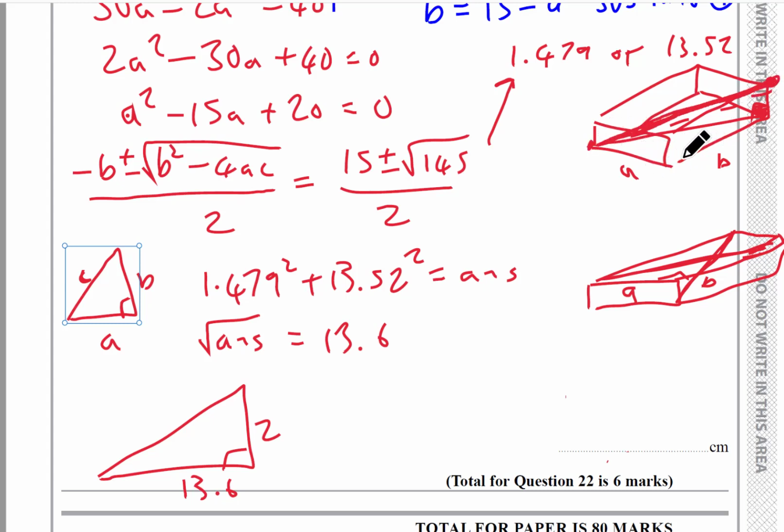That's why we use the A and B Pythagoras here to find this bottom length, which I said was 13.6.